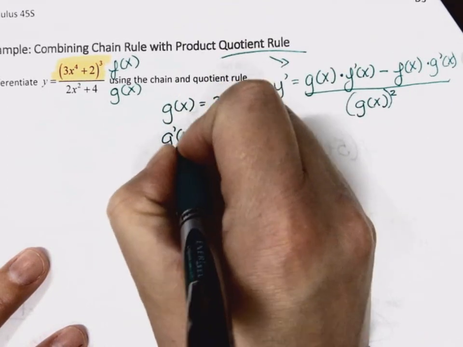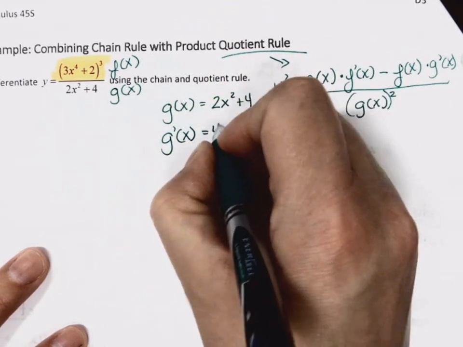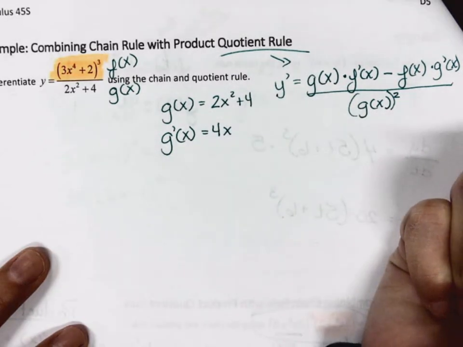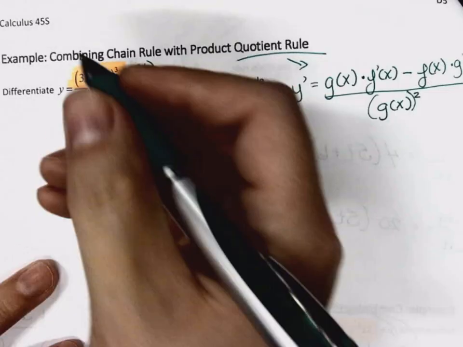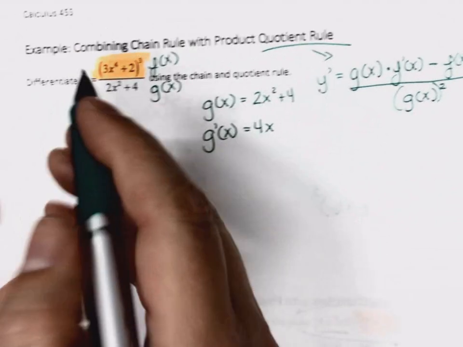So if we do the derivative of that nice and quickly, that's going to be 4x. And now we've got to do the chain rule for our composite function.